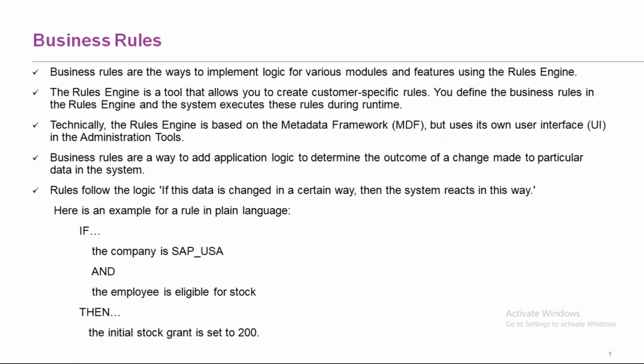Now, earlier, for defining the workflows and the event reasons, we had data models, event reason derivation and workflow data model. So we used to define the logic there. When should a particular event reason trigger? When should a particular workflow trigger?